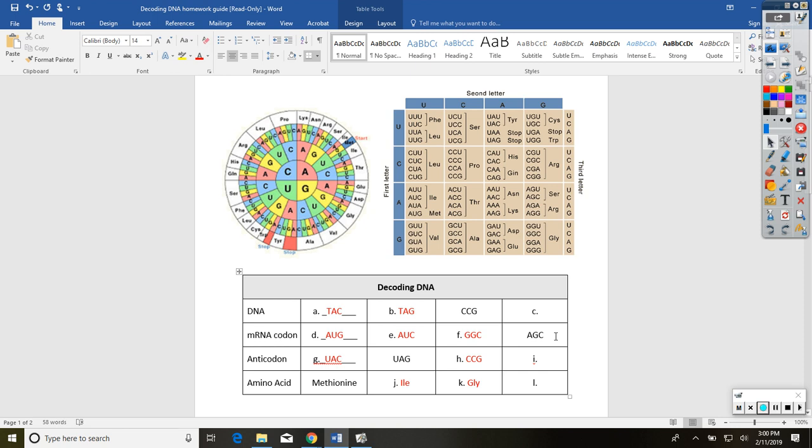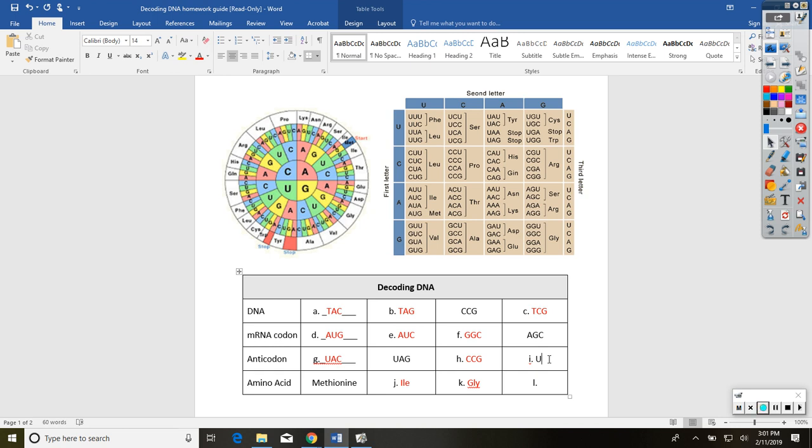And finally, into the last column, this time they gave us the mRNA first. So with mRNA, we could build any of the other columns. So we'll go up to the DNA first and figure out what DNA strand made this mRNA strand for us. A was paired with T. G was paired with C. C was paired with G. For the anticodon, A gets paired with U. Remember, it would be T, apples in a tree, but we're not allowed T in our RNAs.